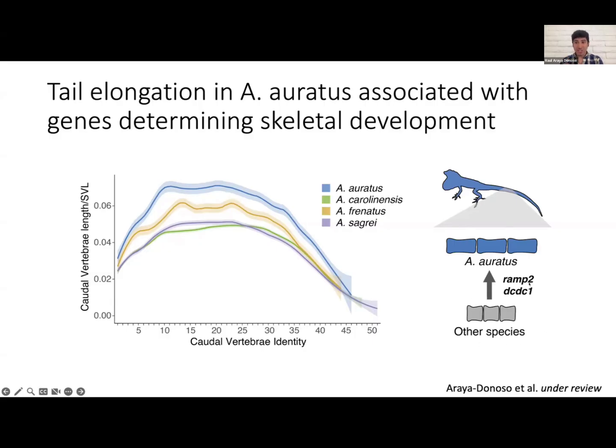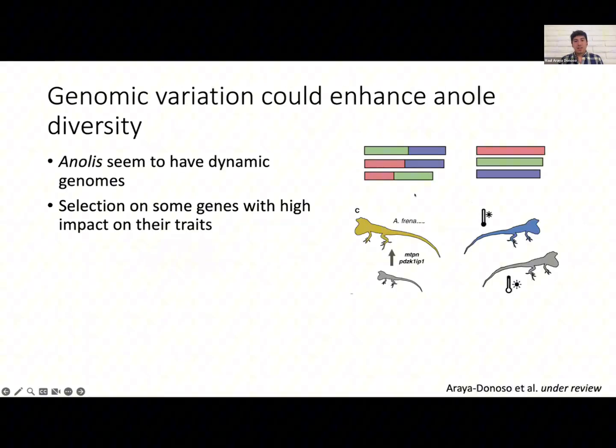And we found mutations that, when tested in mice, produce the same outcome of an elongation of the vertebrae. So we have some mutations on specific genes that can impact a lot of the phenotype of these lizards.